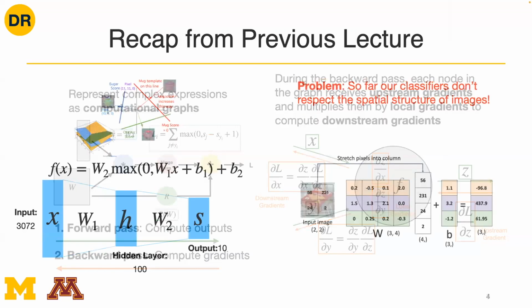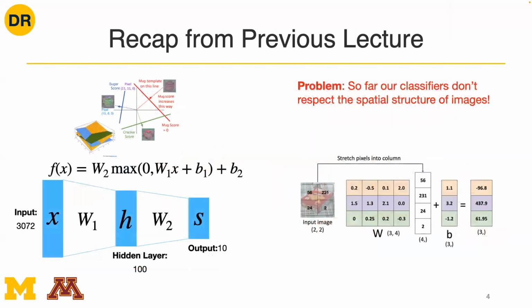The issue, which we didn't have time to talk about, was that the classifiers we've been looking at up to this point, the linear classifiers and the fully connected neural networks, have been treating our input images as just a column vector of numbers. The parameters operating on that input are correspondingly a column vector of numbers.